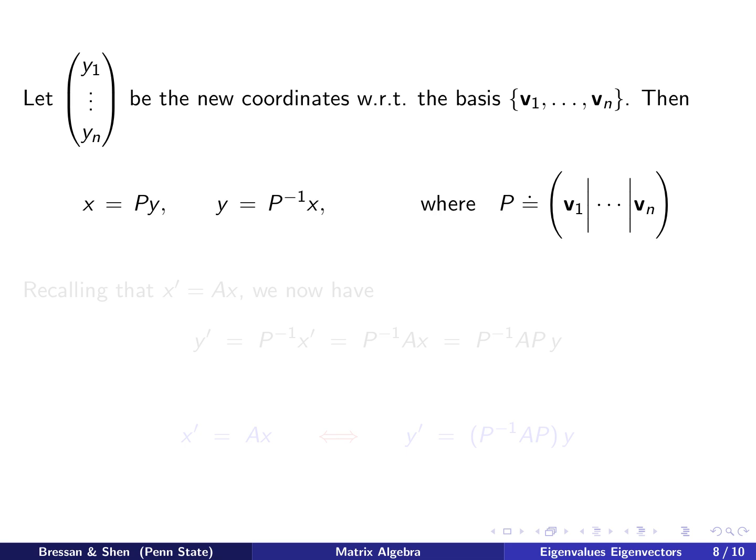Okay, so let's call y1 to yn the new coordinates with respect to a new set of bases v1, v2, vn. And then we have the following. We know that x equals Py, and then y equals P inverse times x, where P is this matrix formed by collecting the basis as its column vectors. So this we just derived earlier.